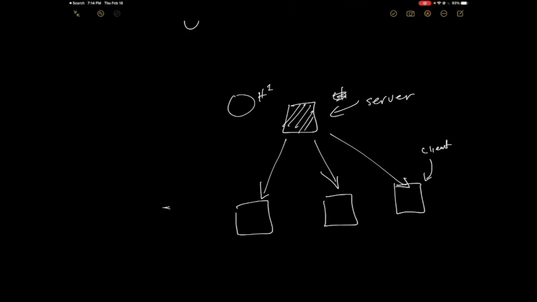And whenever a new bot's created, whenever somebody compromises a new machine, it connects to the C2 server. This is also referred to as CNC for command and control. So C2, CNC, like that.